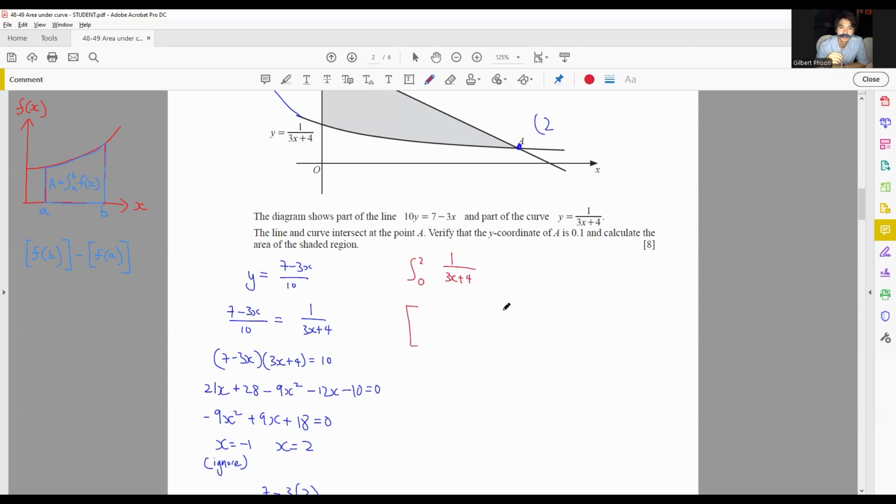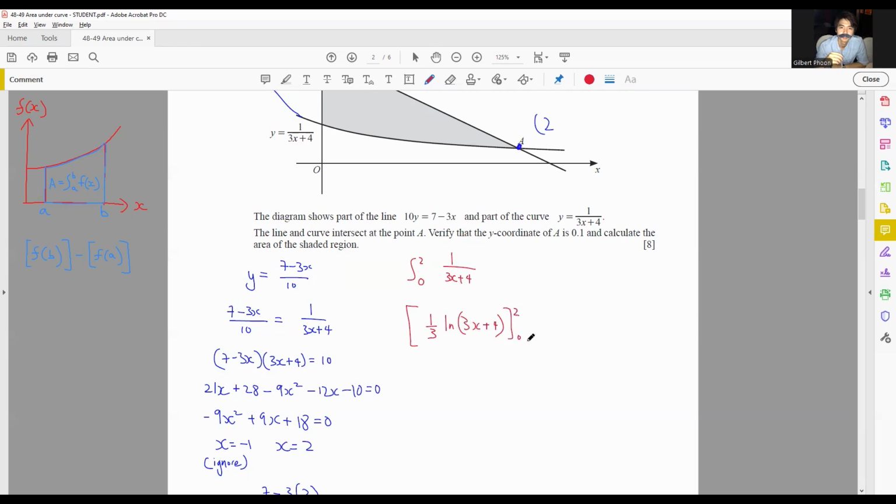So when I'm doing integrations of fractions like this, I will always leave some empty space in the front. Ln 3x plus 4. And then internally, I will be thinking, if I differentiate 3x plus 4, I'm going to get a 3 on top, but I'm only supposed to have 1 as my integration. So this will have a multiple of 1 over 3. 1 over 3 times 3, you're going to get the 1 on top here, right?